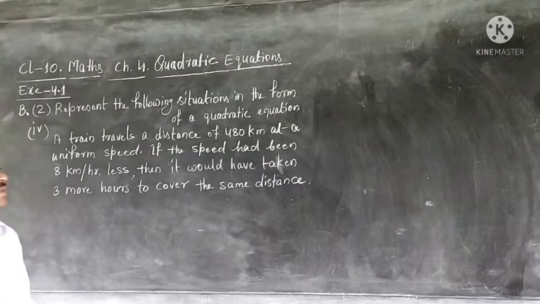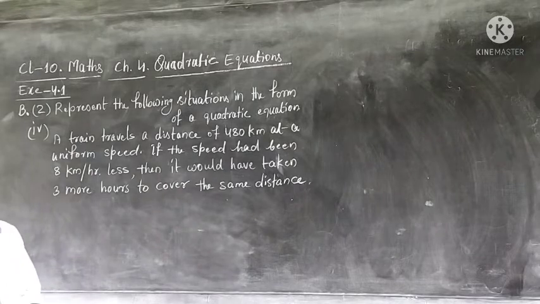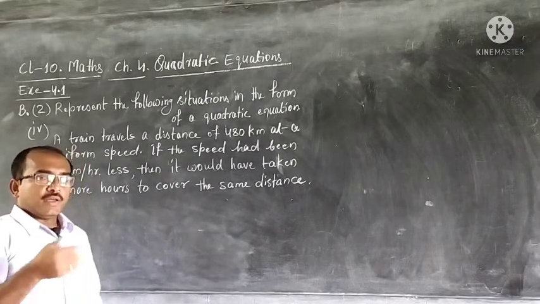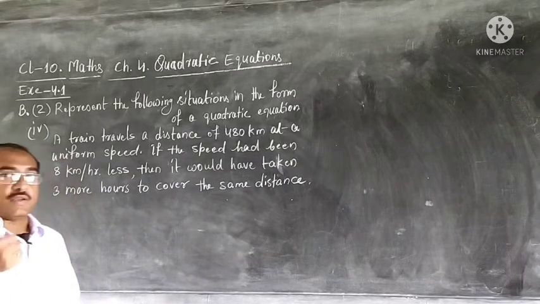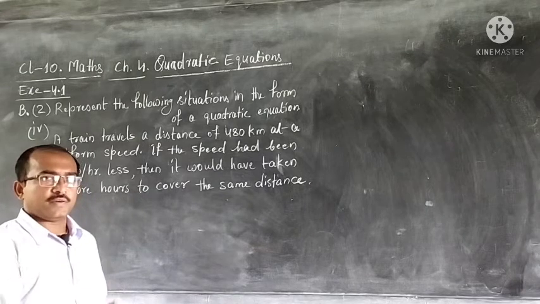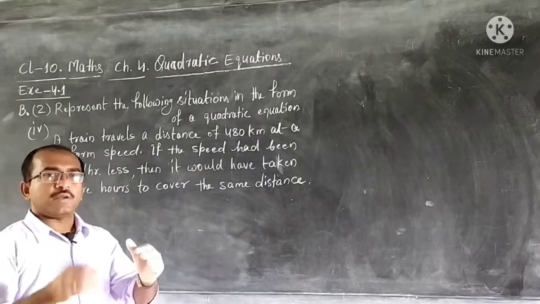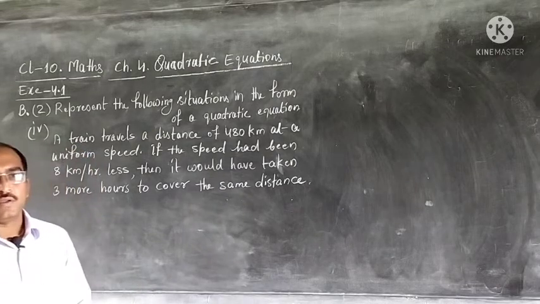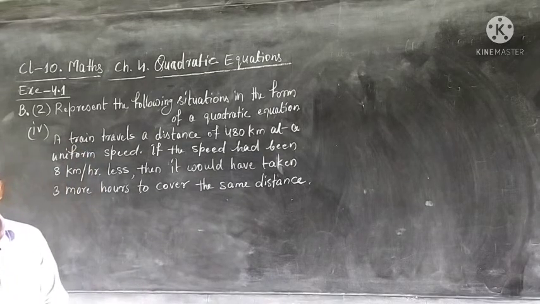Anyway, very interesting situation this is, and very practically we can think about this kind of thing. When we travel by any vehicle, if the speed of the vehicle is more, it takes less time to reach a destination, and if the speed is less, it takes more time to reach the destination. Practically we all know about this.